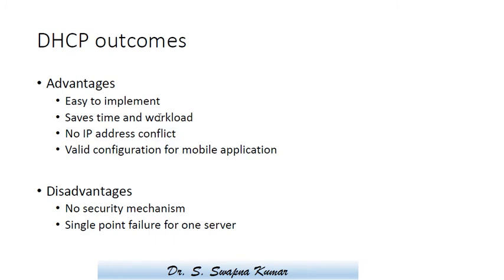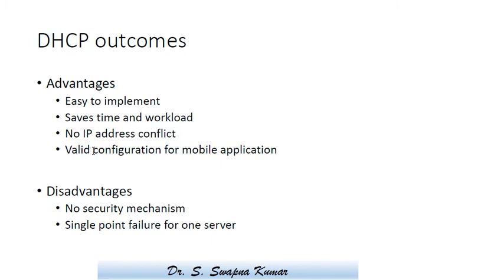That means the manual configuration using static methods of an IP address is not needed here. Hence it saves time, and the workload of the network administrator is reduced. No IP address conflict. That means there is no IP address conflict due to the duplications or invalid IP assignments of the manual mode.